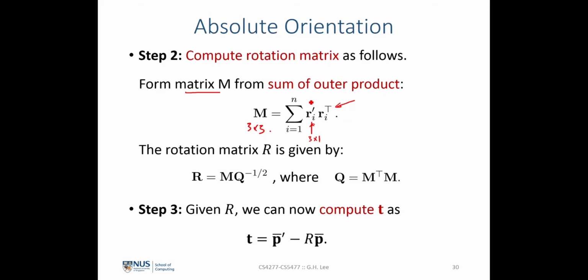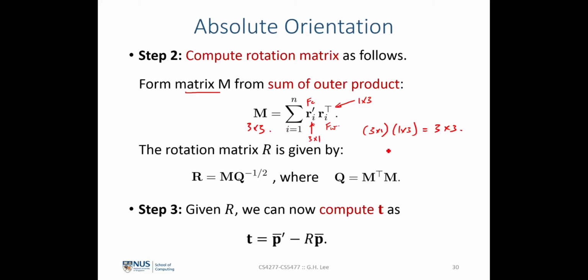And so the first Ri prime, this is in the camera frame. Ri transpose here is in the world frame. And this is 1 by 3 entries over here. So the product of these two, 3 by 1 multiplied by 1 by 3, is going to give us a 3 by 3 matrix.